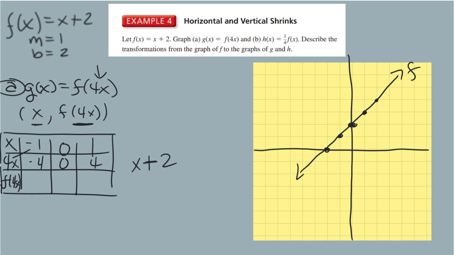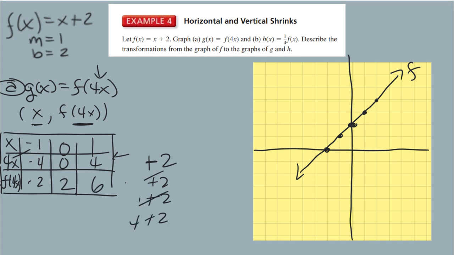What is our new one now? -4 plus 2 gives us -2. Then we have 0 plus 2, which gives us 2, and 4 plus 2, which gives us 6.